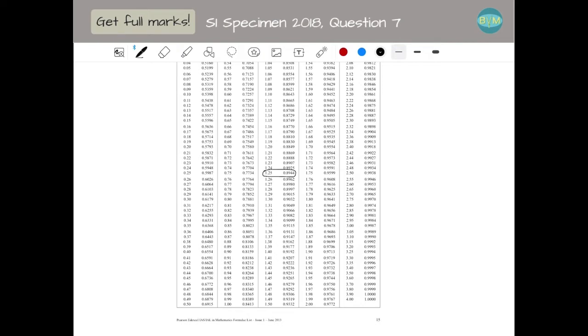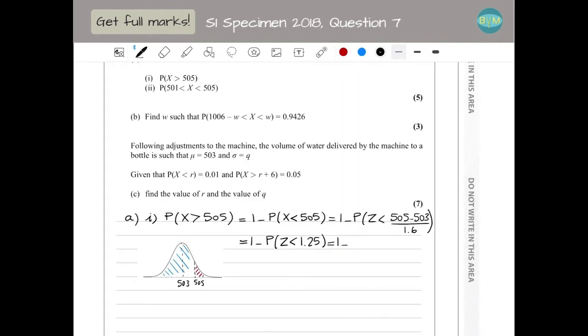So the probability is 0.8944, or you can go to the calculator, to the normal CD, and use mean 0 and standard deviation 1, and you get the same value. So 1 minus 0.8944 is 0.1056.